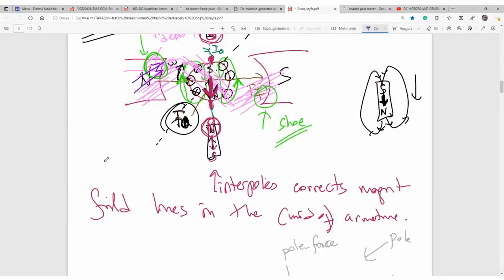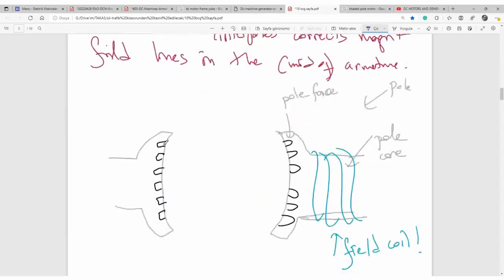So we should overcome this issue. We should push magnetic field downward here. So we insert some conductors here, carrying some winding. Let me say A to A prime, B to B prime, C to C prime, D to D prime.